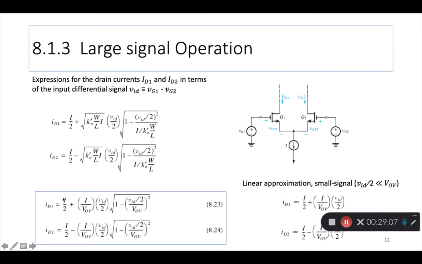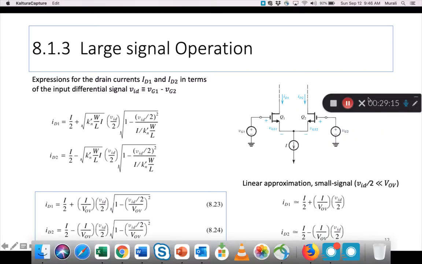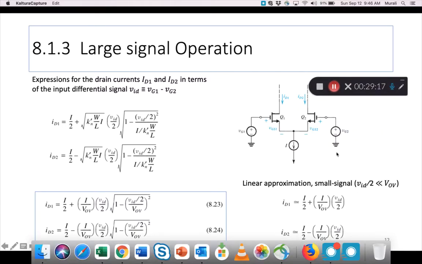And if you add the two, you should get I. That's why there's a plus and a minus. Okay. Now remember this is a square formula, right? You've got a square root and then you've got a square. So it's definitely not a linear relationship.